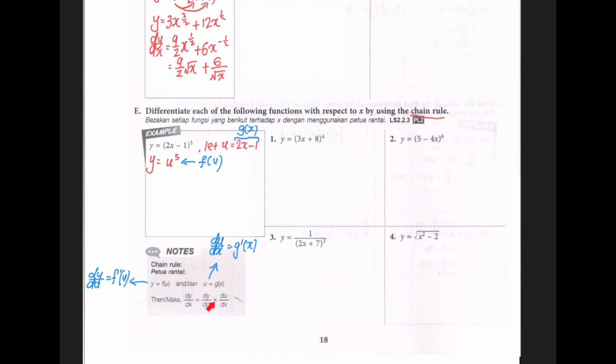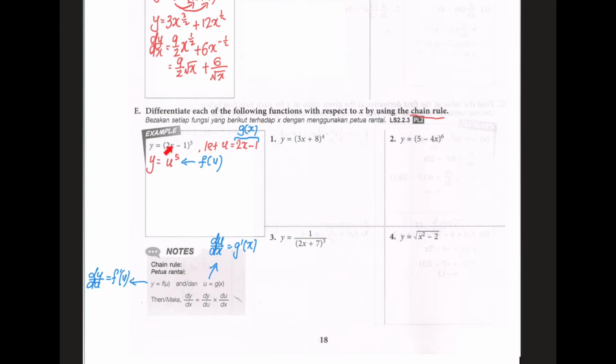You take dy/du, multiply with du/dx. Then you get dy/dx, because imagine the du you can cancel away. du cancels with du, then no more. What is left over is dy over dx. So that's why the chain rule works this way. You multiply the two derivatives that you get, and then you get dy/dx.